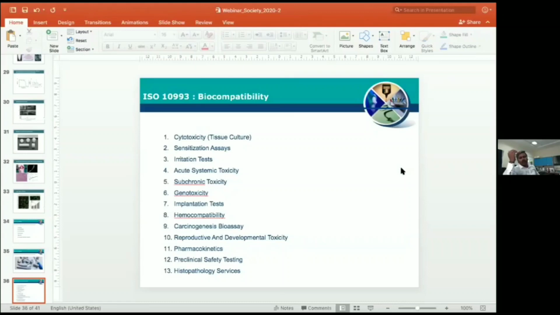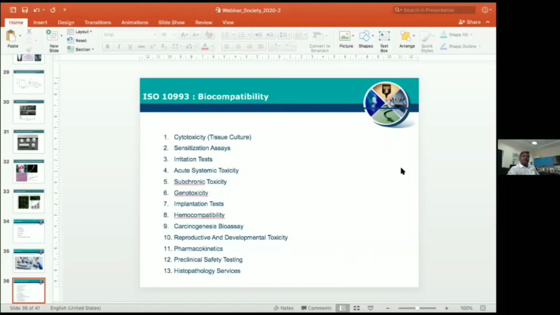And all these 13 tests are not applicable for all materials. It can vary from one product to another. For example, if you are developing an implant system, we really don't need a pharmacokinetics study, because it's not going anywhere in our body.